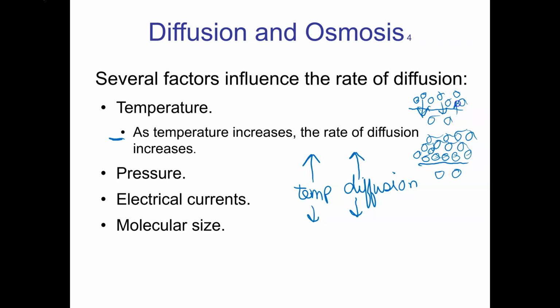They move in both directions, like I always said, but if you have a lot more of any solute on one side, they're going to move even faster in one direction than the other.